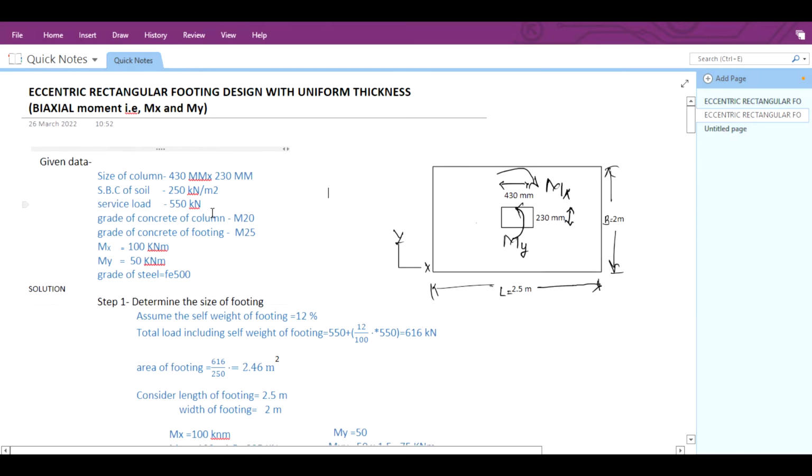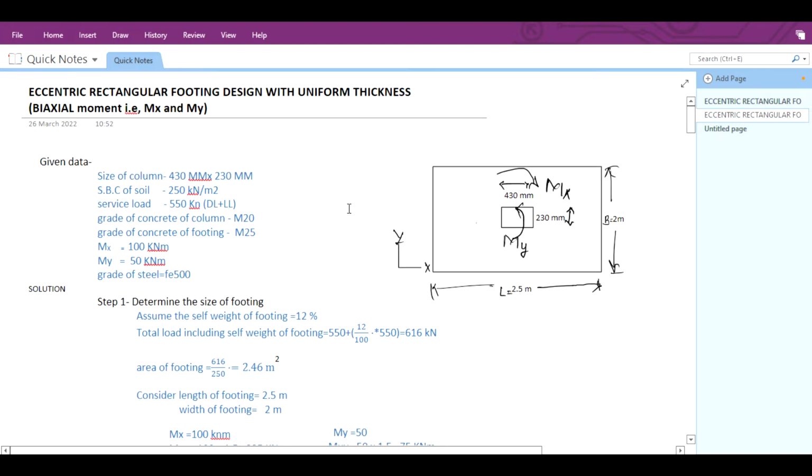Service load is 550 kN. This service load is dead load plus live load. Don't be confused about how service load is calculated. If you use software for the design of the building, then the service load is the dead load plus live load, and it is combined in the design procedure.